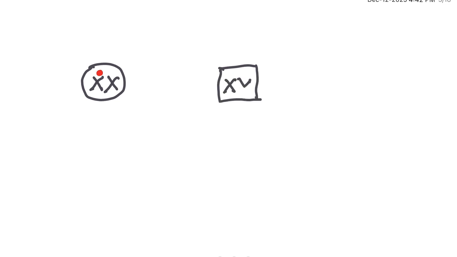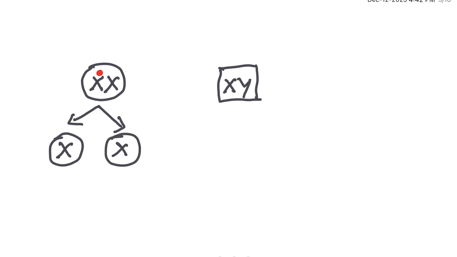Suppose there is a female who has two copies of X chromosomes. One of the X chromosomes has the defective gene for color blindness. Then there is a male, it has X and Y chromosome and both are normal. When the female produces gametes, it will produce two X chromosomes, but one of it will have the defective X chromosome.